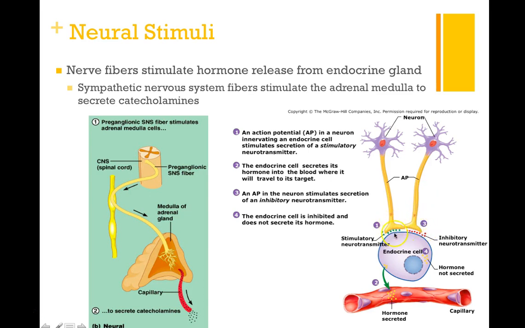So if we have a stimulatory neurotransmitter being released to our endocrine cell, then that cell will secrete another hormone into our bloodstream. Whereas if we have an inhibitory neurotransmitter being secreted, then the endocrine cell will not secrete the hormone.